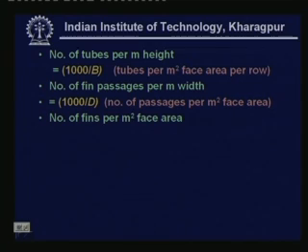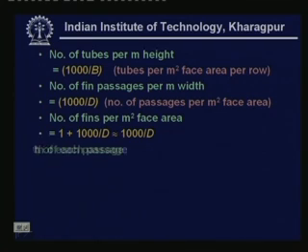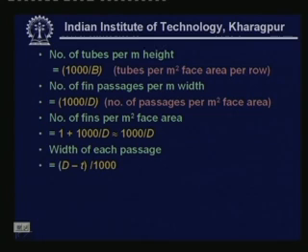And the number of fins per meter square face area is nothing but 1 plus 1000 by D, which can be approximated as 1000 by D, because D is generally small. And width of each passage is nothing but (D minus t) by 1000, because capital D is the center to center distance between two adjacent fins, and small t is the thickness of a fin.